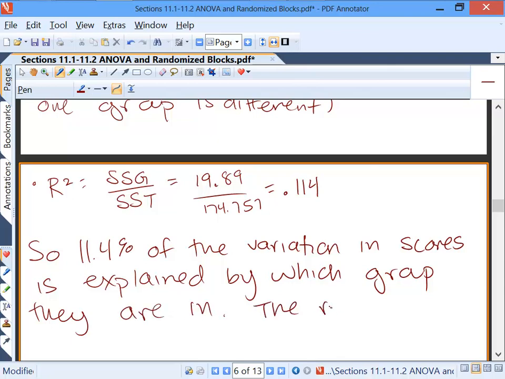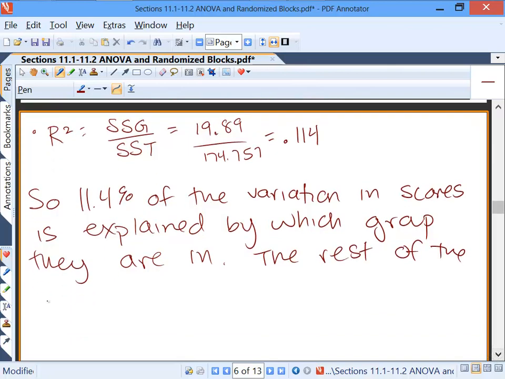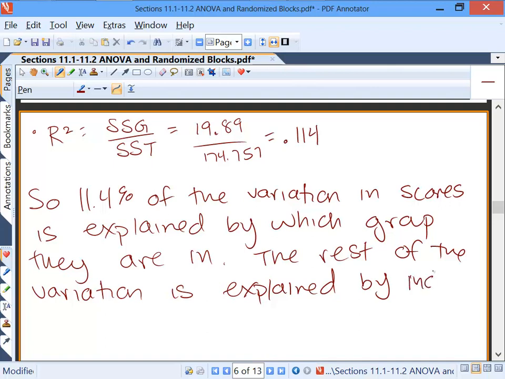And the rest of the variation is explained or caused by just the individual variation that naturally occurs from person to person.